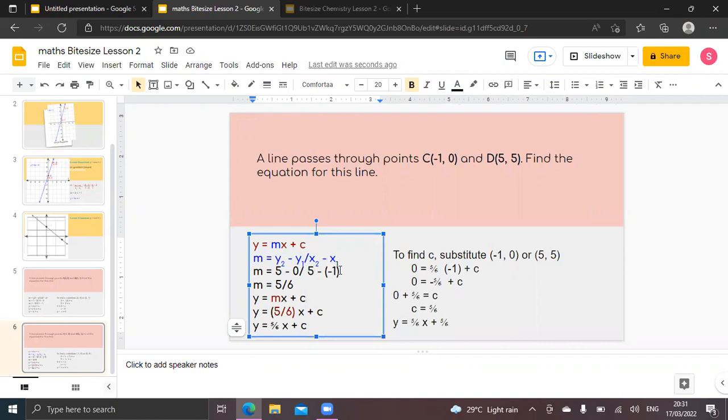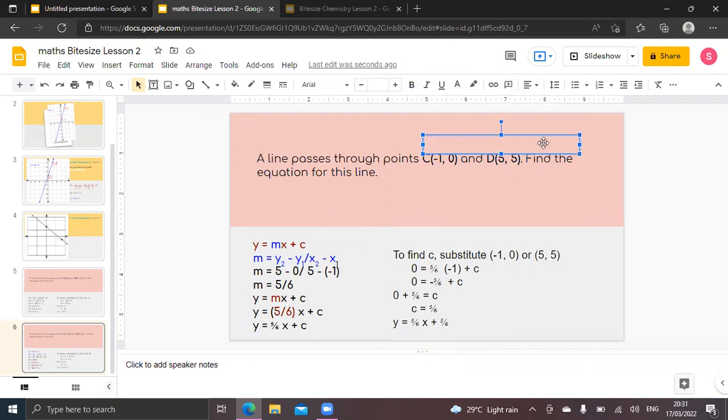That is your gradient. m is the gradient, or your slope. What do I need to do here? I need to label. This is what I did previously, I did my labeling here. Just one second. Let's have a look at my labeling.